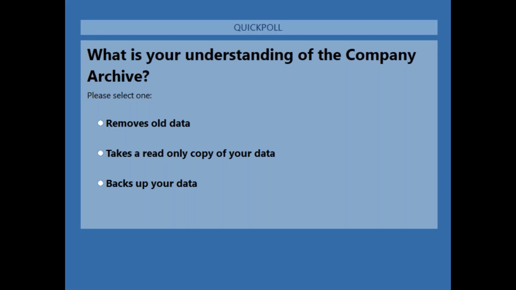If you don't know, just take a guess, just to get a bit of understanding of where people are at with this topic already. I can see our answers are starting to come through already. We usually wait until we get around 70, 75%. So get your votes in there for me, and then I'll share the results with you as well.